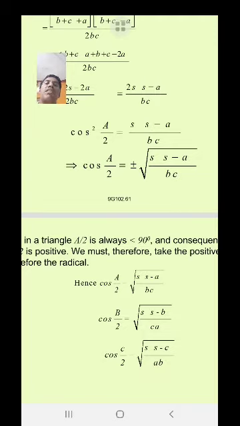The square comes to the right side, then it becomes under root. So cos A by 2 equals plus or minus under root of s into (s minus a) by bc. So s minus a should be in a bracket. Here the bracket is not printed, so you have to understand and keep it in a bracket.